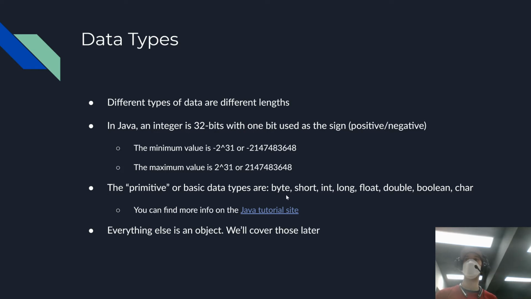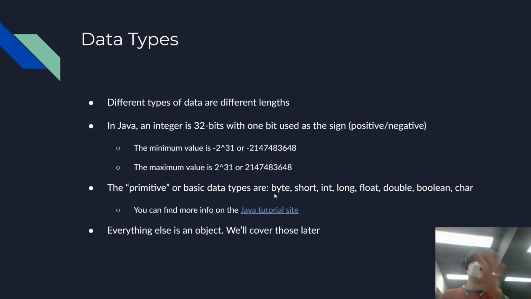Now, in Java you have primitive types, which are basic, just binary data. And then you have objects, which are big and complicated, and you will learn them, but not today. Today we're only going to work with primitives plus string, and we'll cover what string is later.